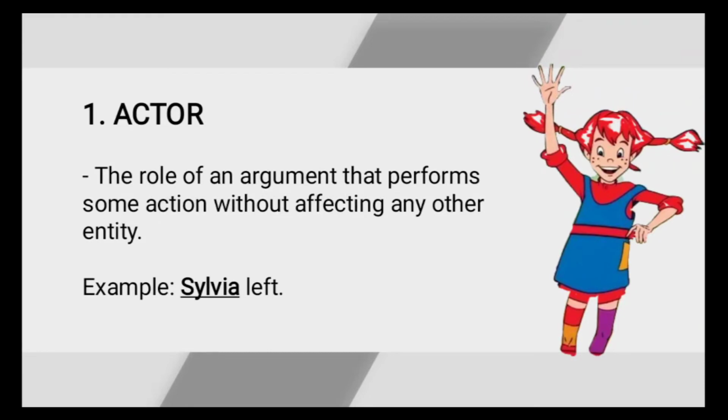Actor is the role of an argument that performs some action without affecting any other entity. For example, Sylvia left. So actor is the one who performs the action without affecting anything. Sylvia is the actor because she is the one who performs the action.